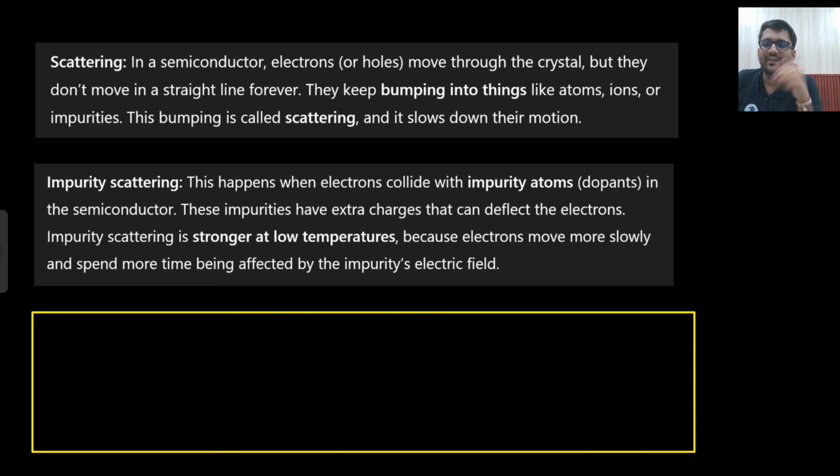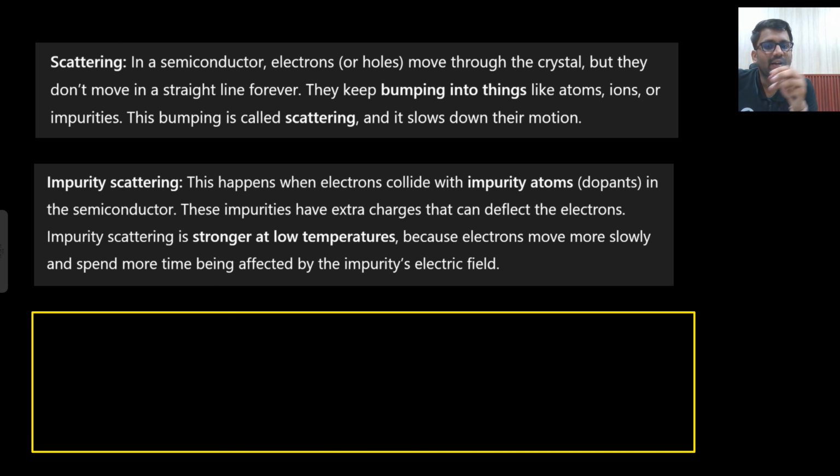Okay, so let's read the definition. This happens when electrons collide with impurity atoms. In the semiconductor, these impurities have extra charge that can deflect the electrons. It can either attract it or repel it. Impurity scattering is stronger at lower temperature because electrons move more slowly and spend more time being affected by the impurity electric field. Okay, is that clear to you?